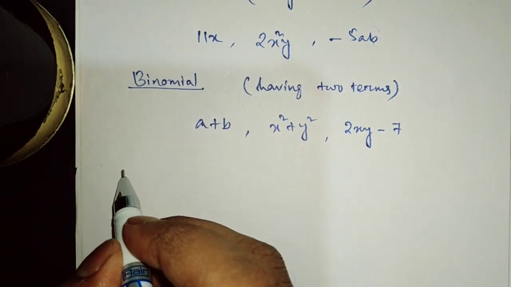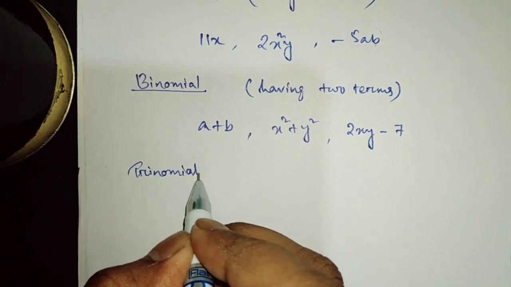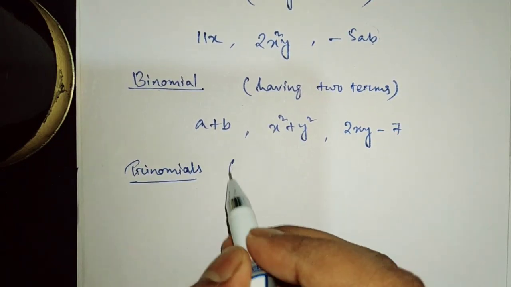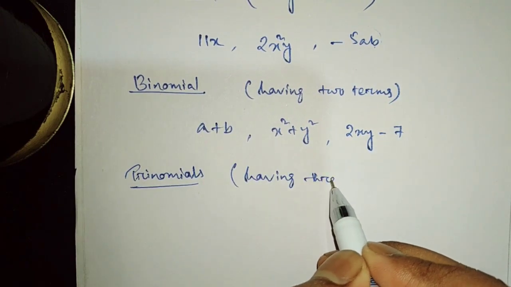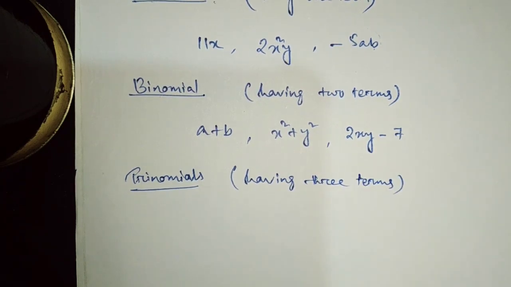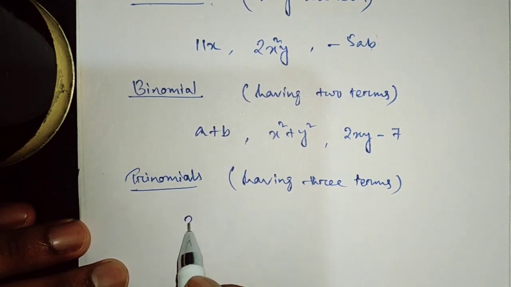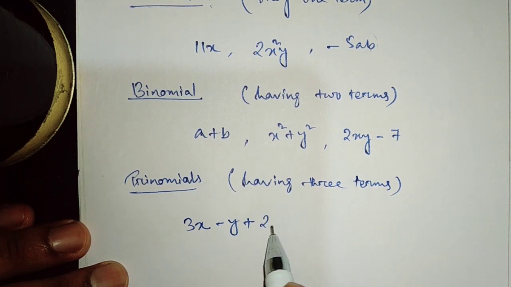Then comes trinomials. Trinomial means having three terms. Three terms means say 3x minus y plus 2z.